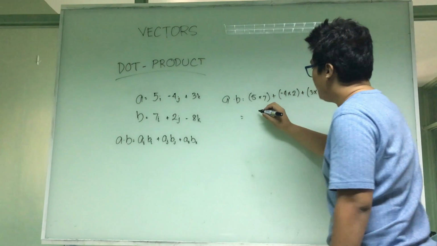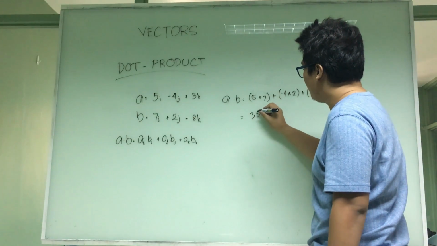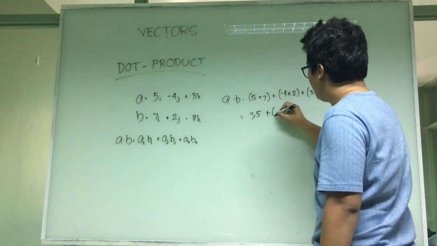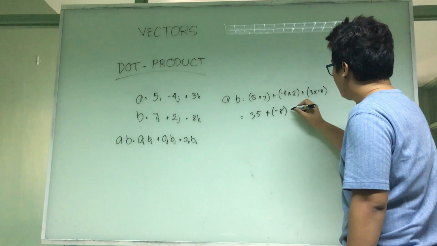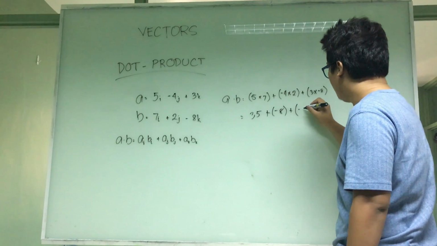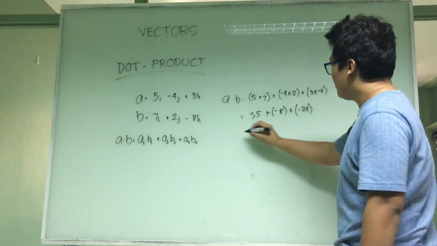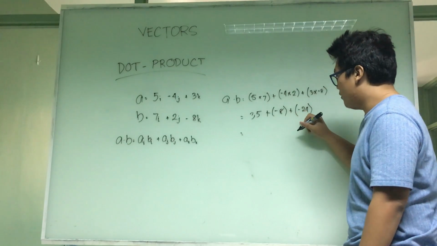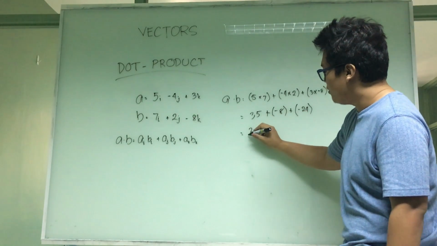So 5 times 7 is 35, plus negative 4 times 2 is negative 8, and 3 times negative 8 is negative 24. So 35 minus 8 minus 24 is equal to 3.